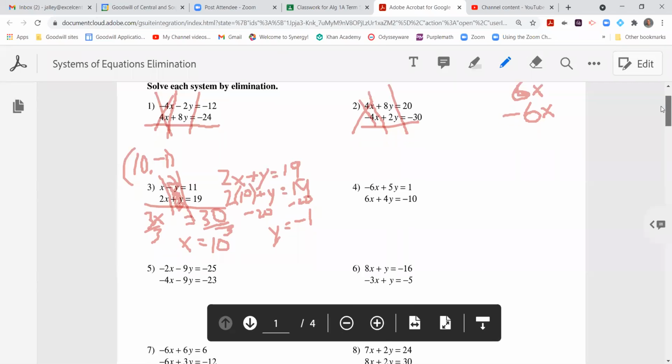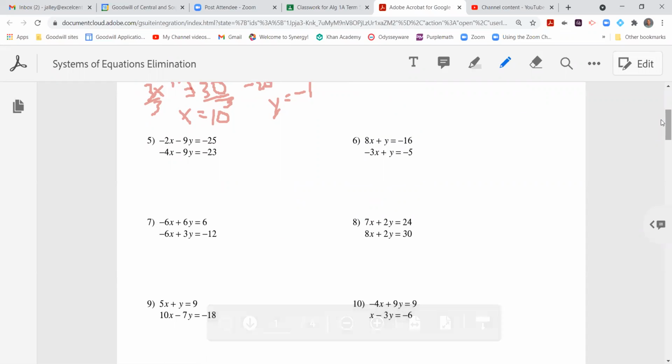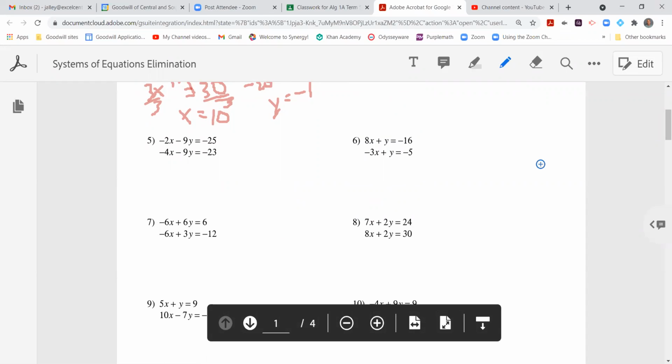So all these systems problems, you're going to have to go through some type of a process to decide which variable you want to eliminate. Does anybody remember the 2 things that we need for elimination?